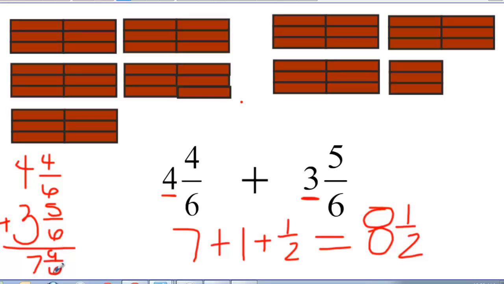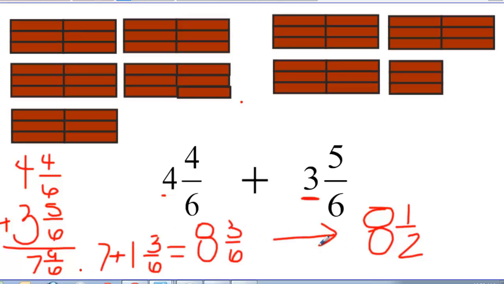So now I have an improper fraction as part of a mixed number, because 9/6 is an improper fraction. And I can't have an improper fraction as part of a mixed number. So if I had added it that way, I would have to now change that improper fraction to a mixed number and then add the 2 whole number parts together.